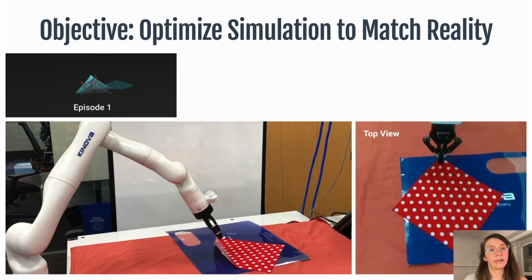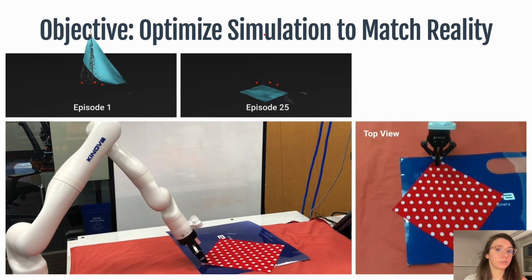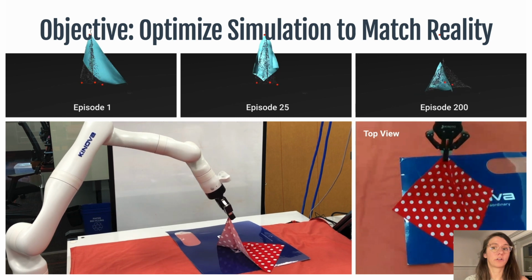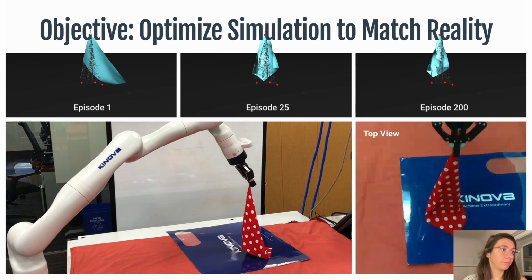We also consider Real2sim tasks where the goal is to optimize simulation parameters to make the behavior of simulated objects match reality better. Again, this is the same problem that Priya Sundaresan is going to present in her work in that Wednesday session. So feel free to go there as well.